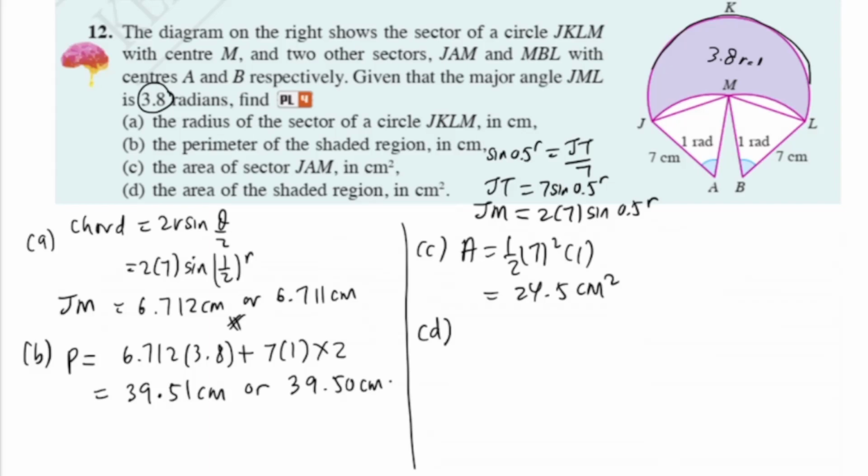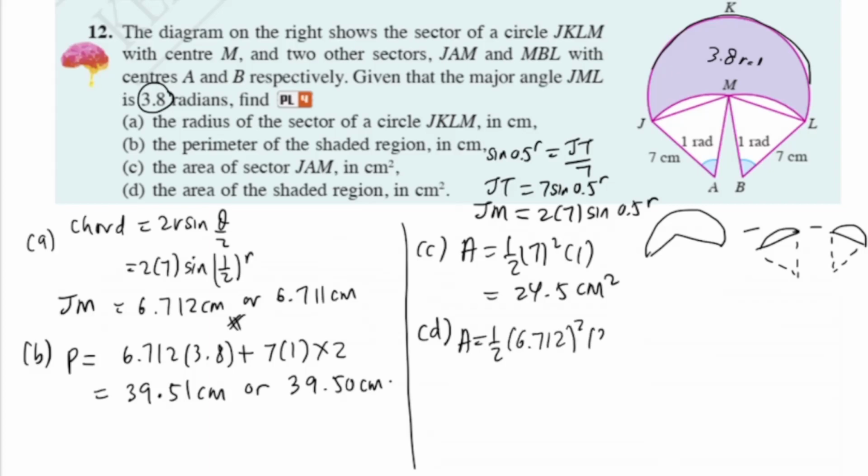Again, I like to use area of segment, it's so fast and furious. This one minus these two segments. I put a dotted line here so that you can see that they are actually part of a sector of circle. So area of sector is half r squared theta, 6.712 squared. Your theta is 3.8.